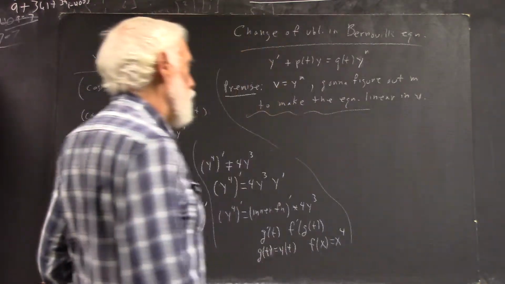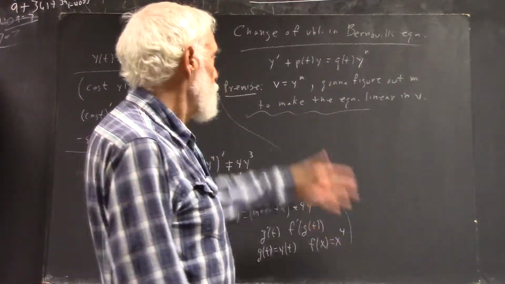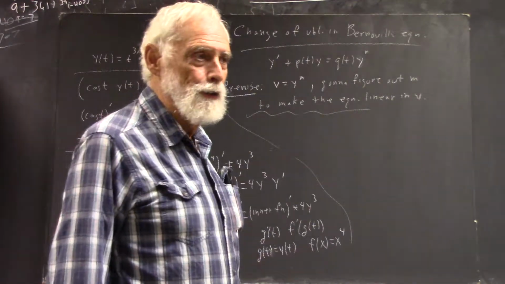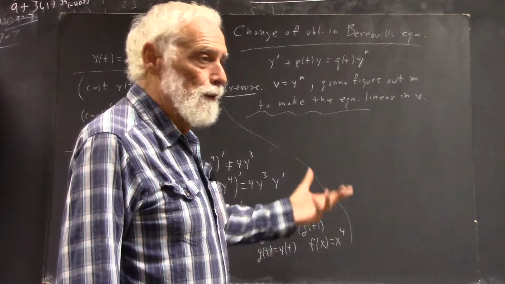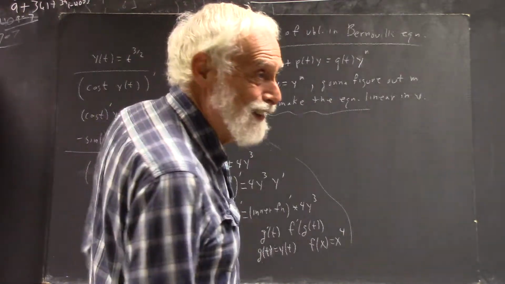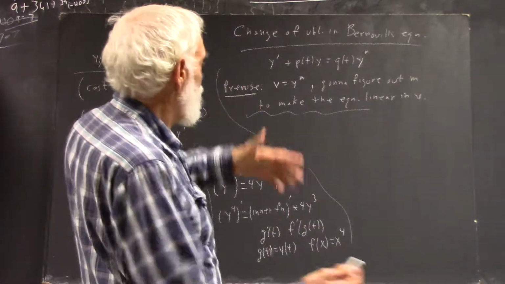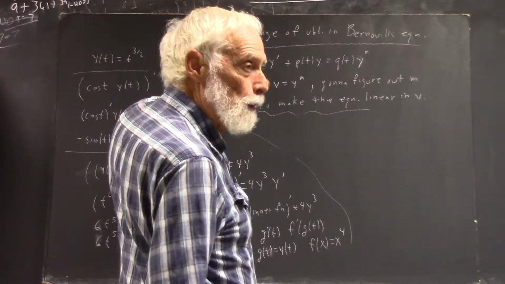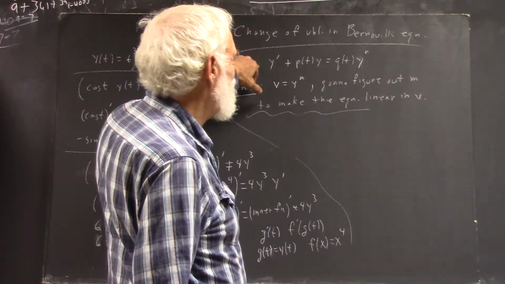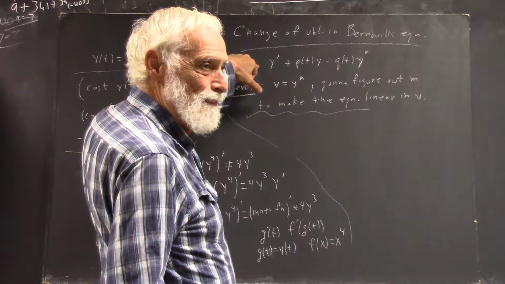Now, when I first saw this, I think it was kind of a revelation. I didn't pursue a field that would cause me to have to do a lot of bizarre changes of variables. Not that I wanted to avoid it, although when you first see it, you kind of want to avoid it. So I never got real good at figuring out how these things occur to people. But in this case, you can kind of trace Bernoulli's thinking.